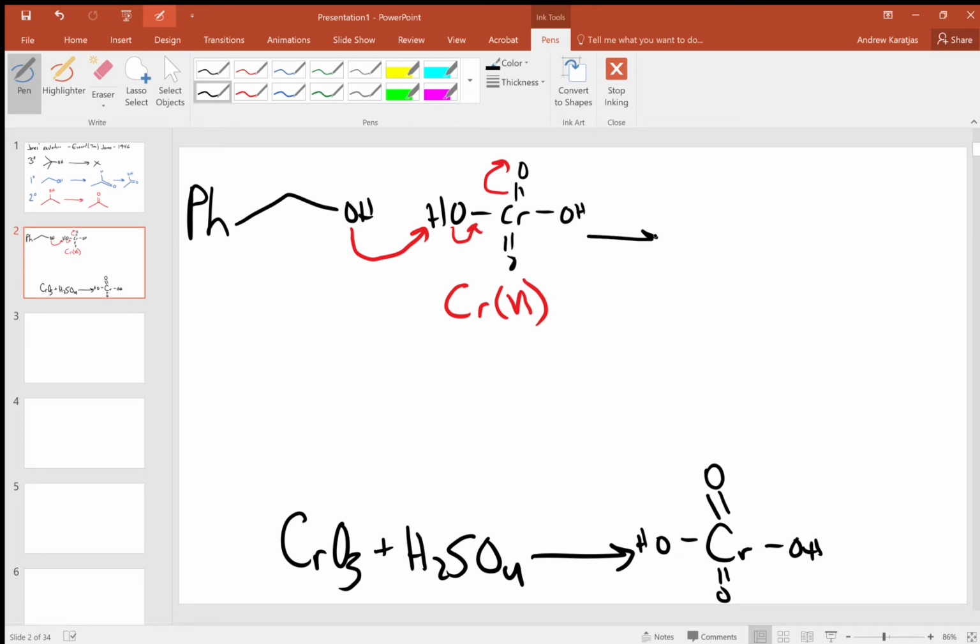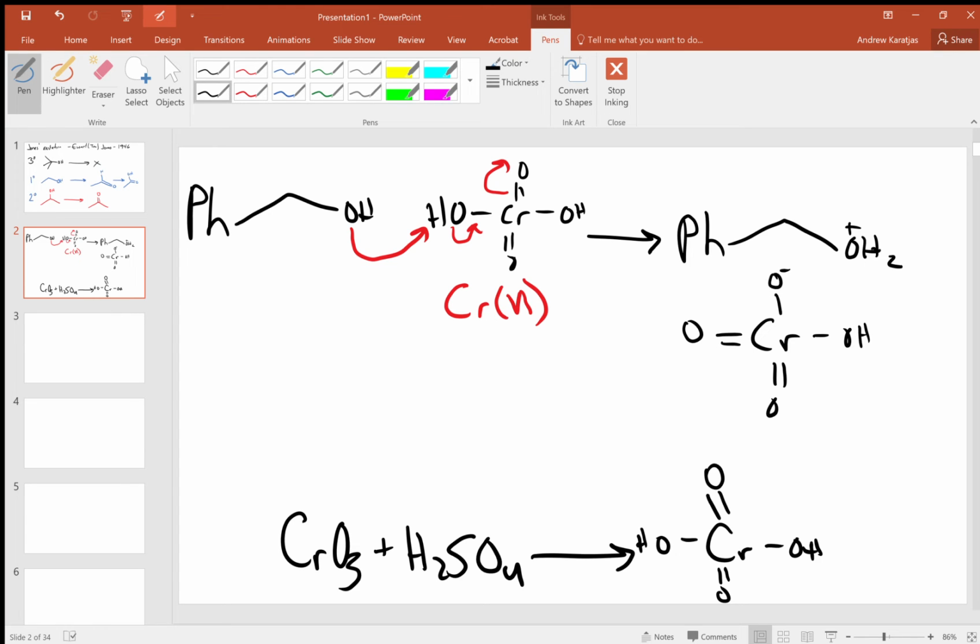All right, but the result from this first step is that we've converted that OH group into a good leaving group, and then we've made an anion of our chromium reagent. And that anion can add in and kick out water.